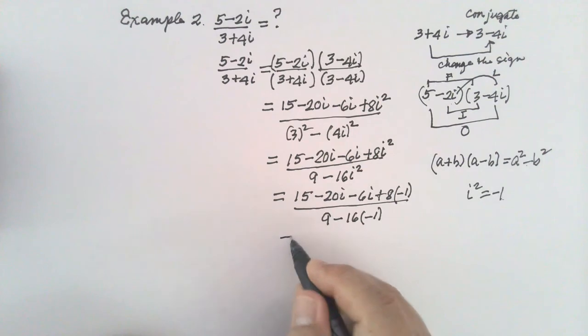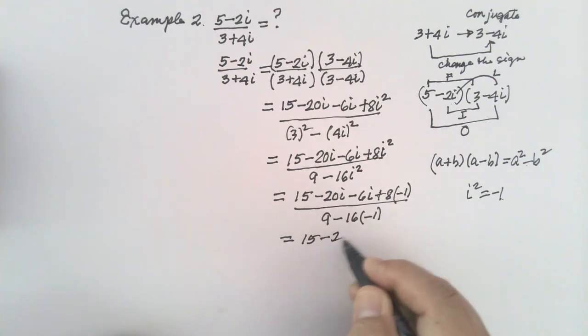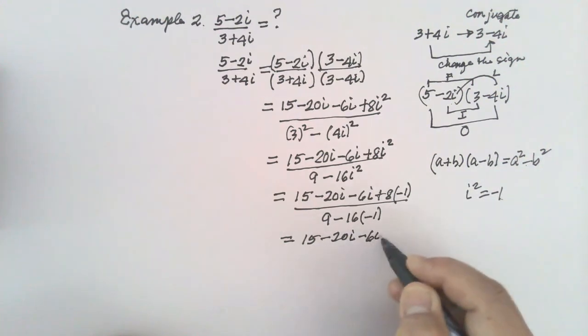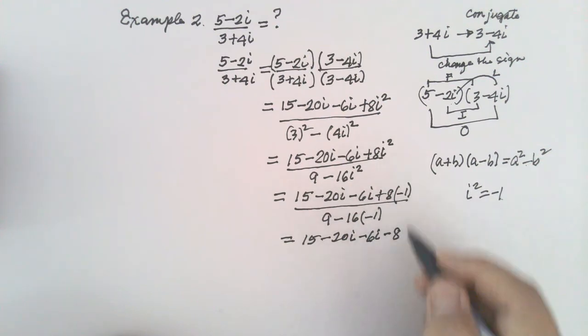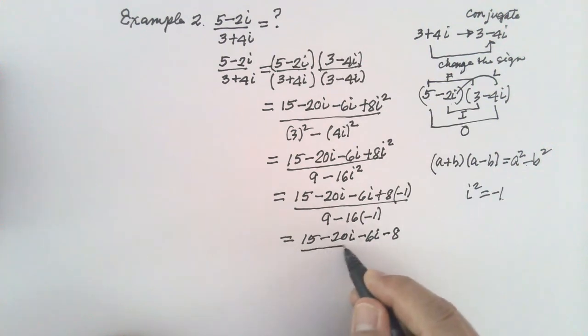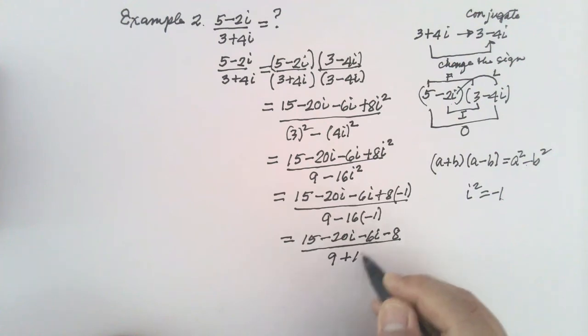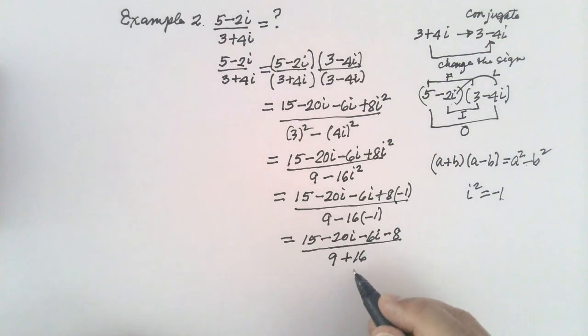So we have now 15 minus 20i minus 6i. This becomes minus 8 because positive times negative is negative, over 9. This becomes positive 16 because negative negative is positive.